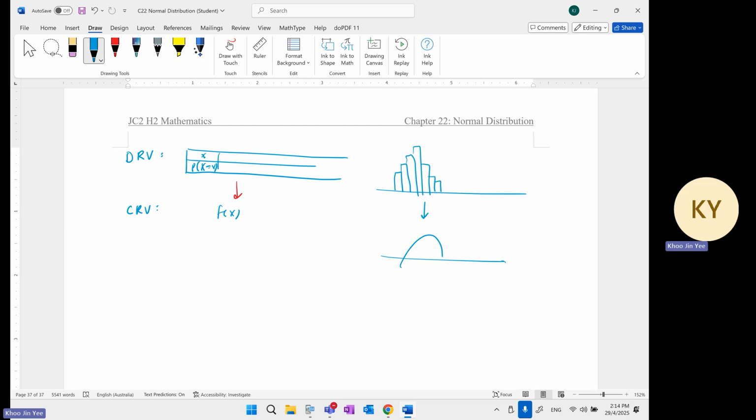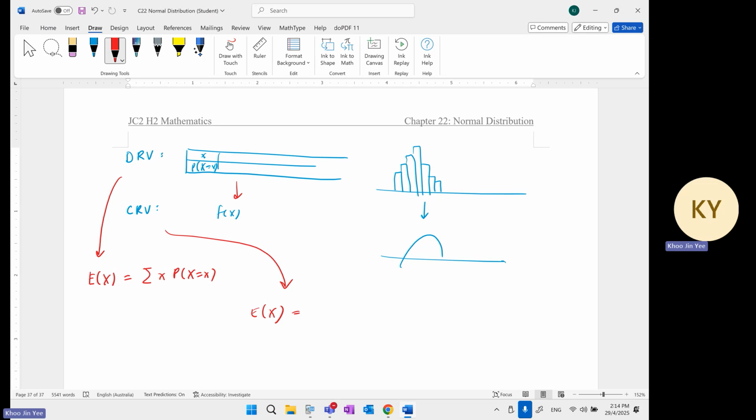Now for expectation. Previously for DRV, the expectation of x was the sum of x times the probability of x. Now for CRV, how do you get the expectation? How do you sum over real numbers?